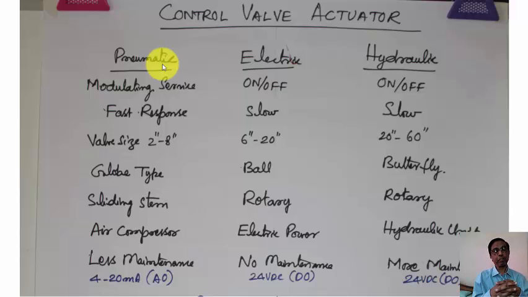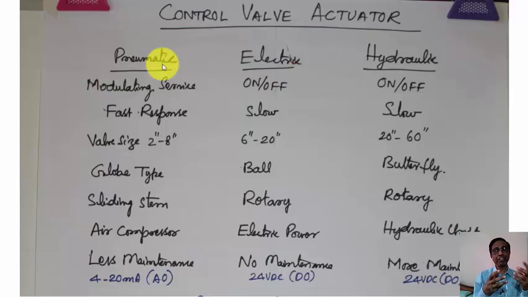Another advantage of pneumatic is fast response. When the controller gives a sudden change from 20 to 30%, within a fraction of a second the valve opens or closes as per the command. Electric is a slow operation, because you are using a motor to operate the valve.